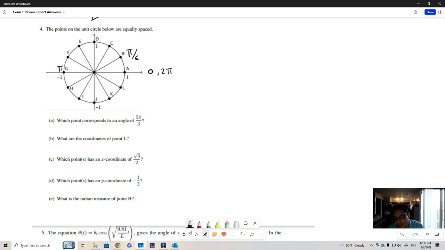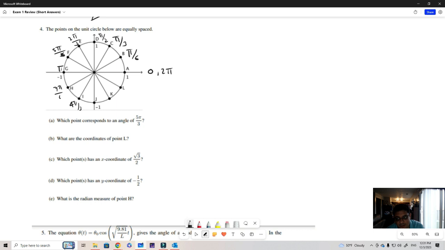This is 2 pi over 6, which is pi over 3. This is 3 pi over 6, which is pi over 2. And then 4 pi over 6, which is 2 pi over 3. Then 5 pi over 6, and then 6 pi over 6, which is pi. And similarly, here we have 7 pi over 6, and 8 pi over 6, which is 4 pi over 3.